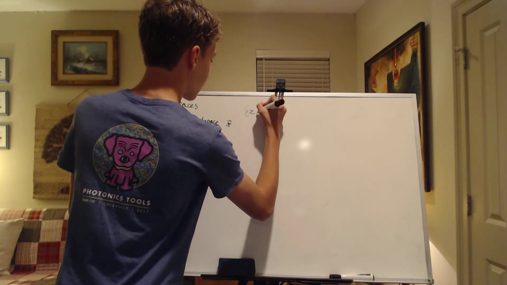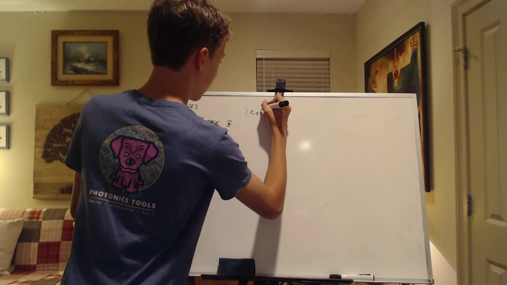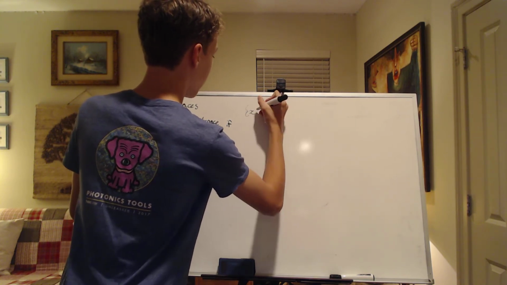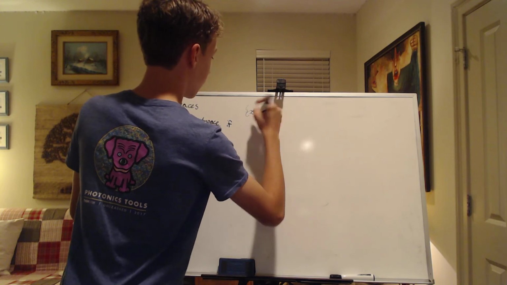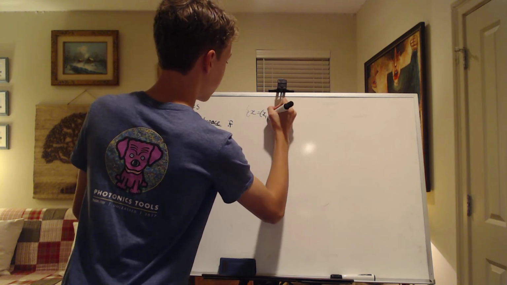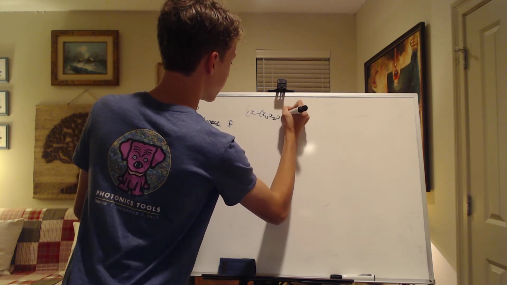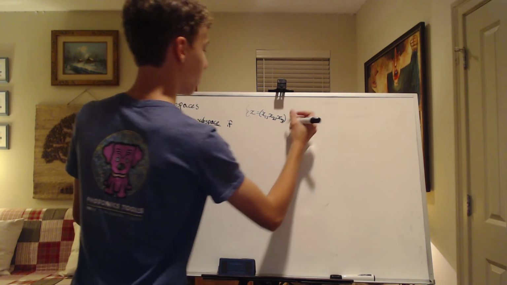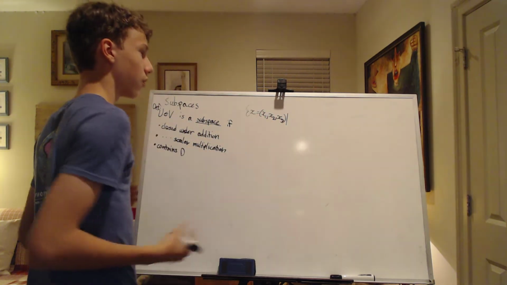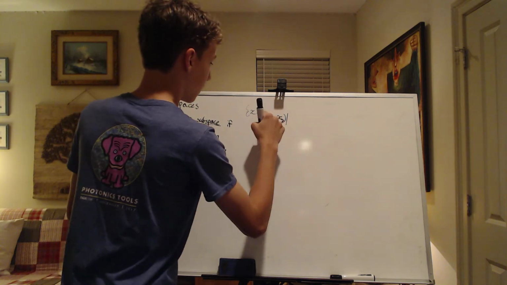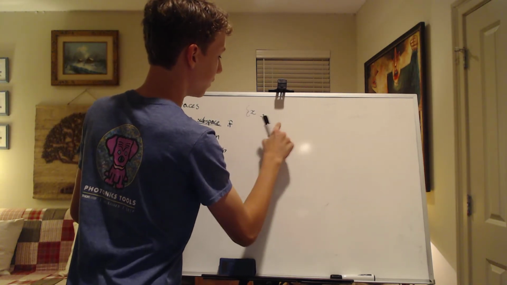Let's see, all x in F3 such that x equal to x1. Let's be more specific. So this list, we're in R3 such that, or yeah, this is the best way of putting this.